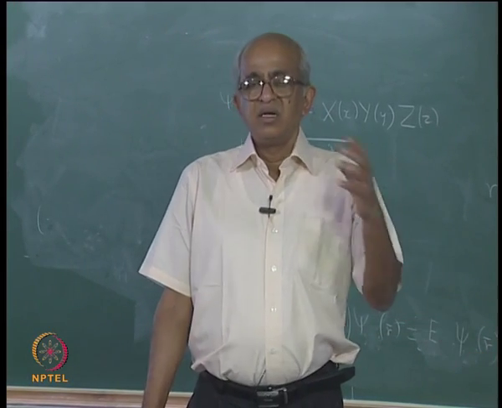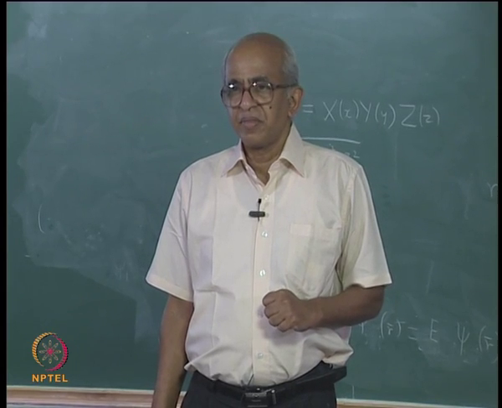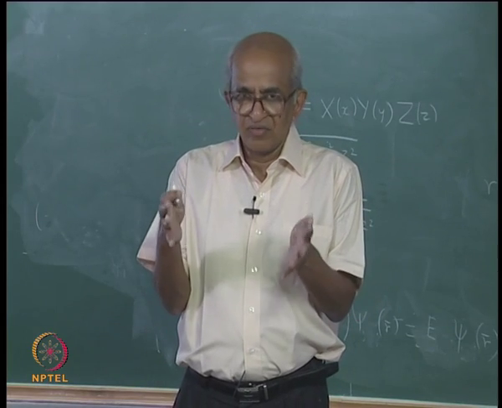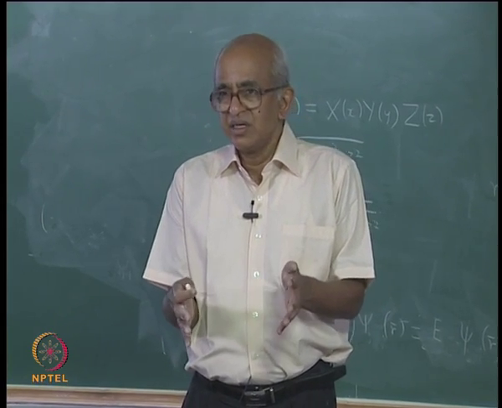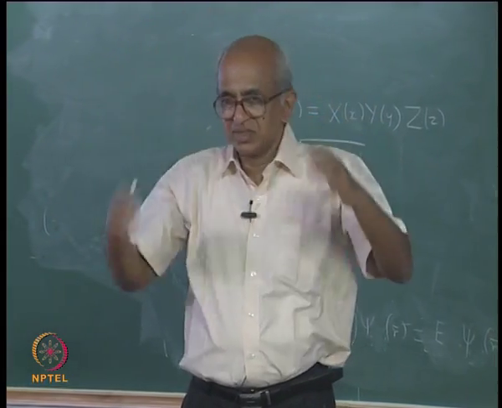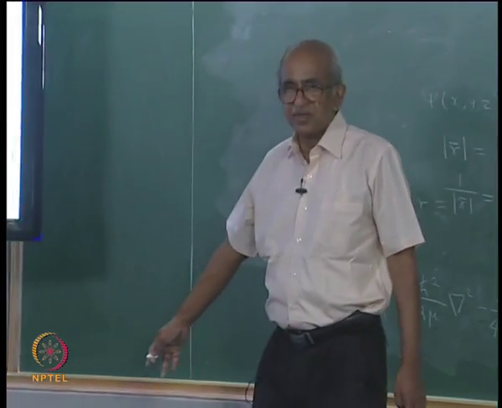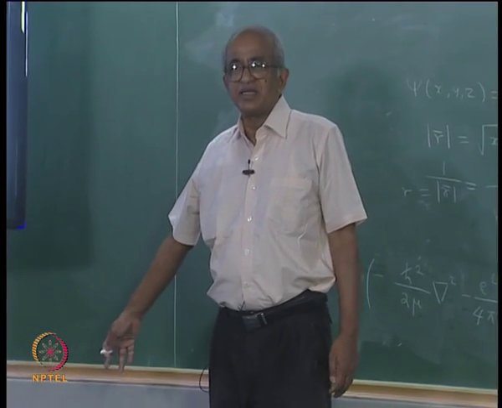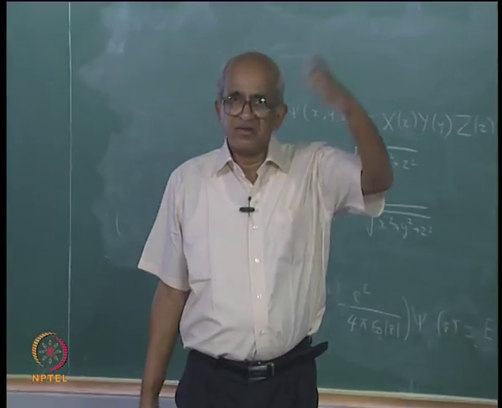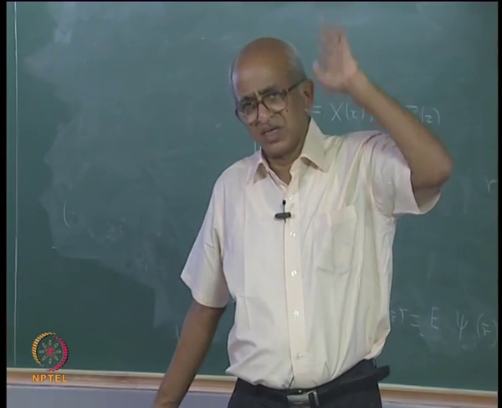Now, what is the minimum possible value for r? Well, r is the length of a vector. If you imagine that my head is the point to be specified, I can imagine that it has been put at the origin, and then the value of r will be 0, or I may be standing far away from the origin, in which case the value of r will be extremely large.